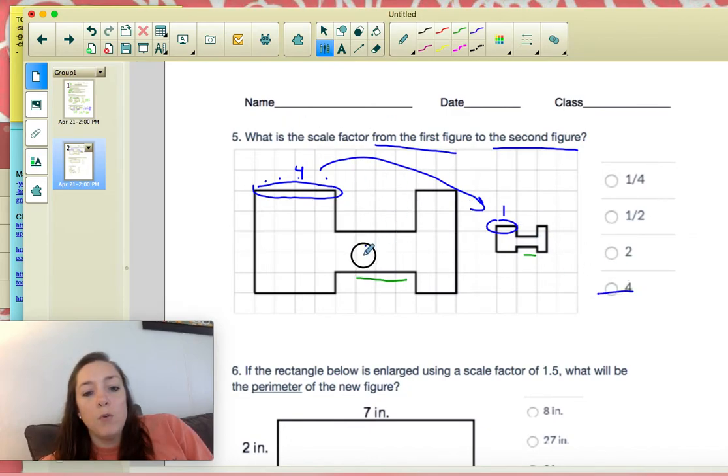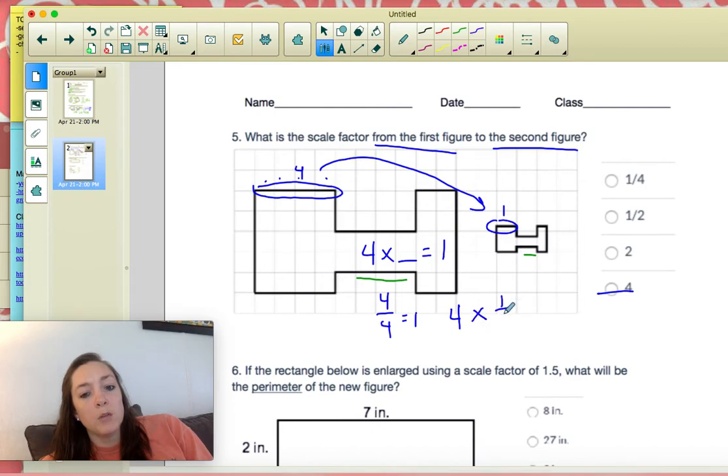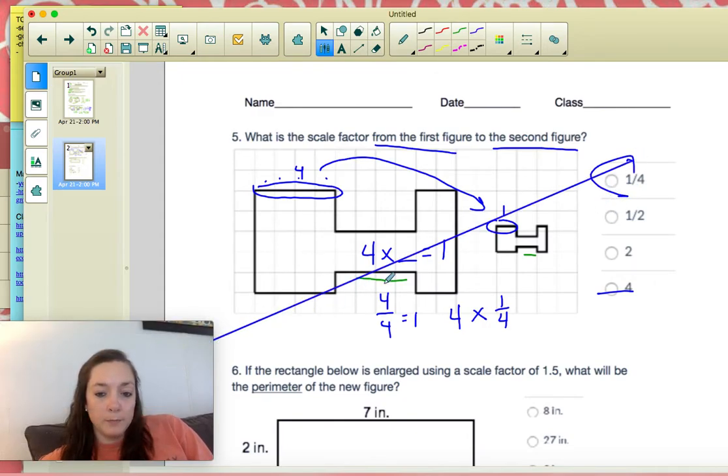So 4 times something is equal to 1. Remember, dividing by 4 gives me 1, right? So dividing by a number is the same as multiplying by the reciprocal of that number. So it would be 1/4, okay?